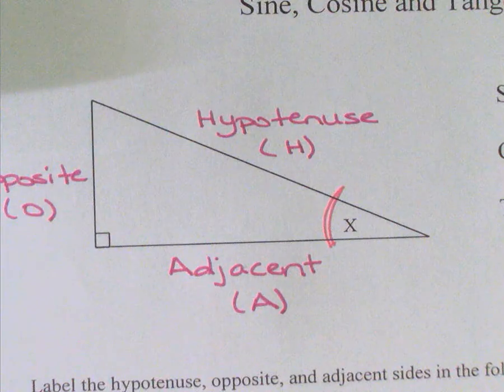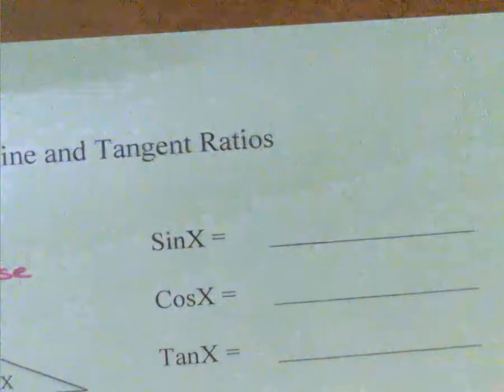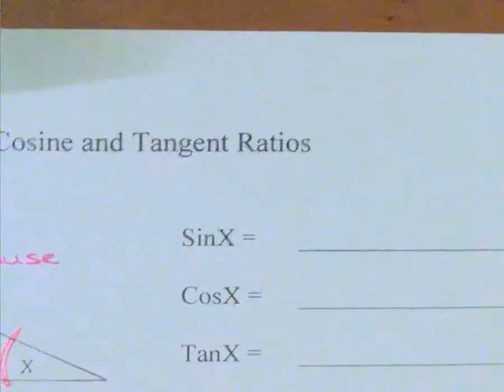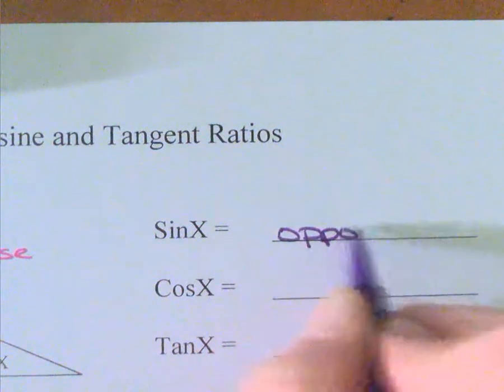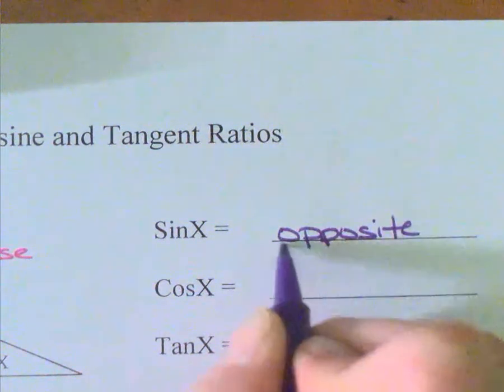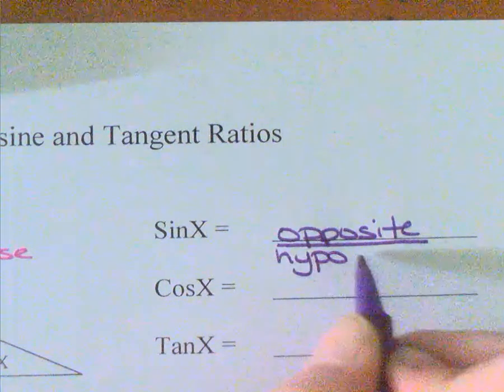From there, we can make ratios. So the sine ratio is the opposite side divided by the hypotenuse side.